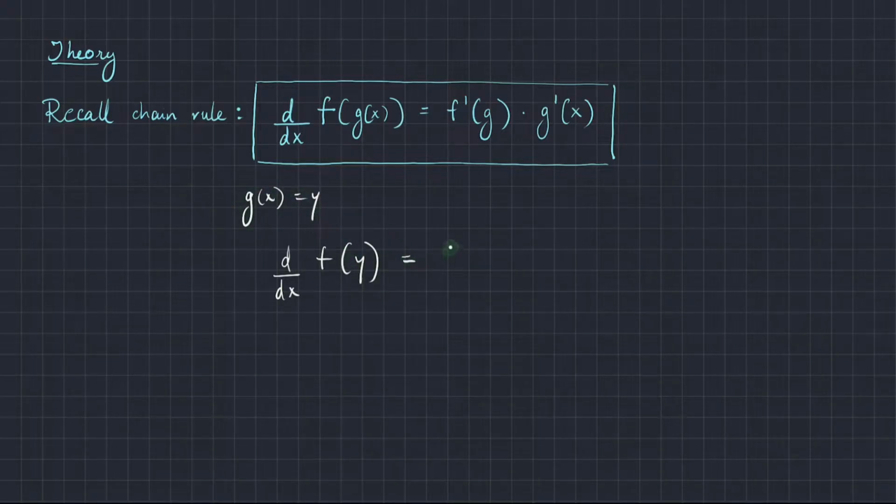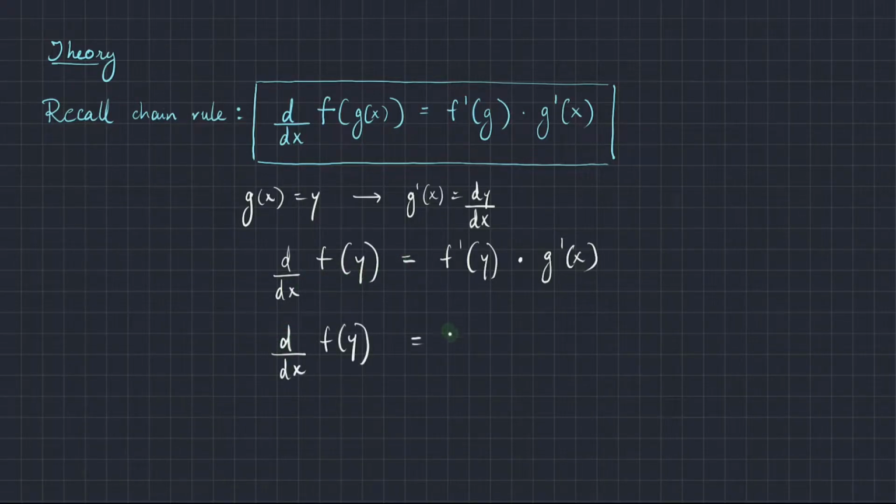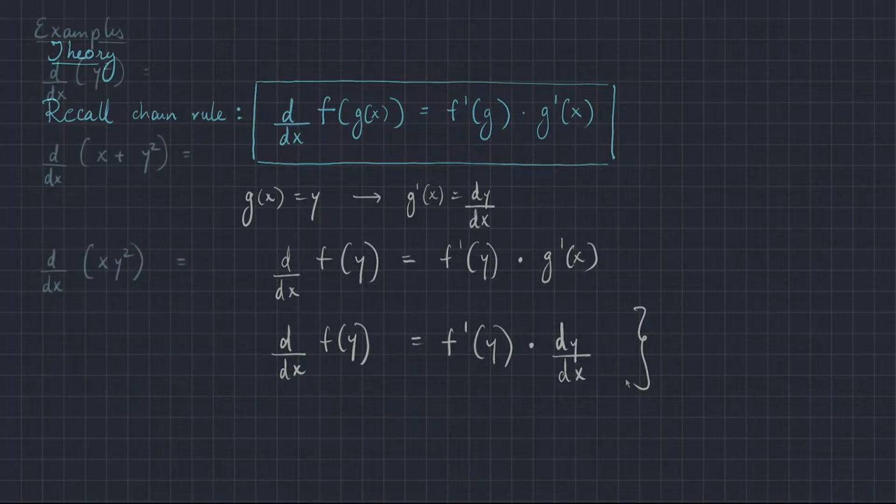That is going to be equal to f prime of y, that is the derivative of f with respect to y, multiplied by g prime of x. But in this case, g prime of x is just dy over dx. And therefore, the derivative of f of y can be written as f prime of y multiplied by dy over dx. We're going to use this form to differentiate implicit equations.